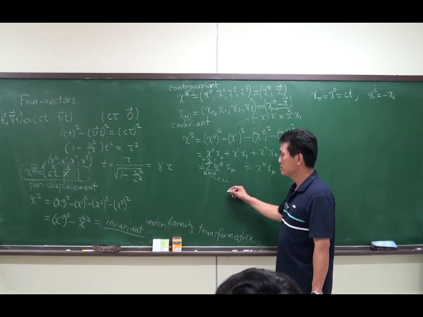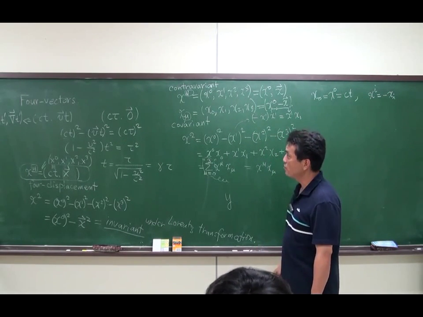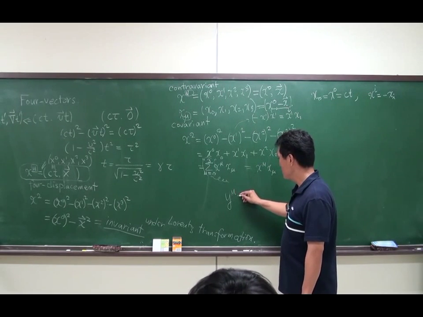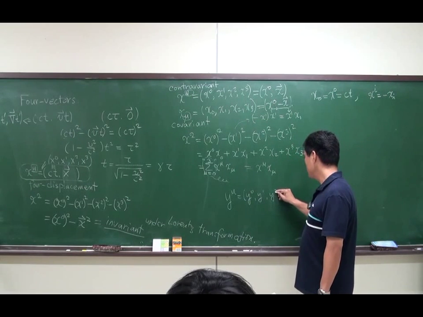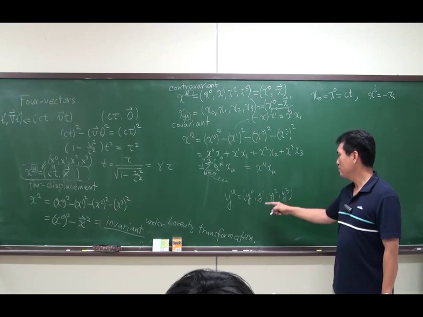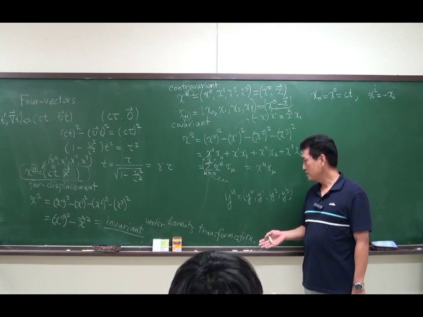Our generalized 4 vector definition is: y mu is composed of y0, y1, y2, and y3, and I don't know whether this y is displacement or not.